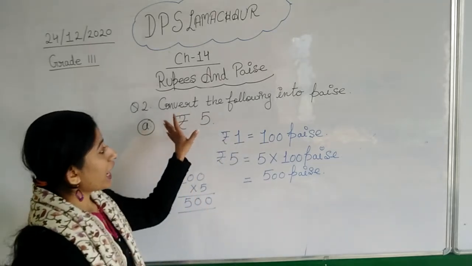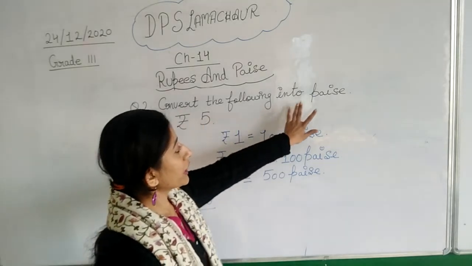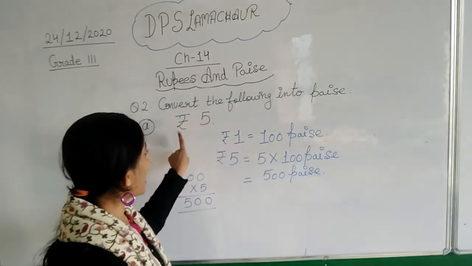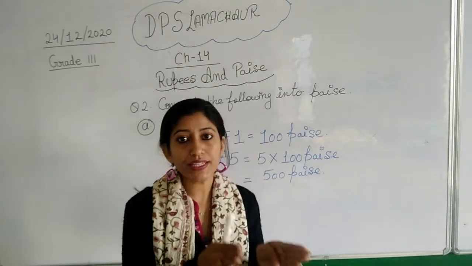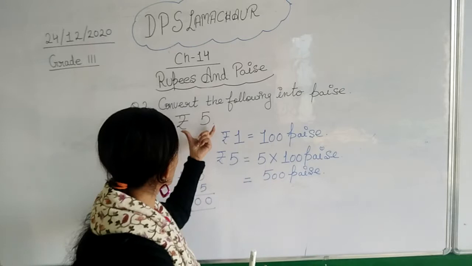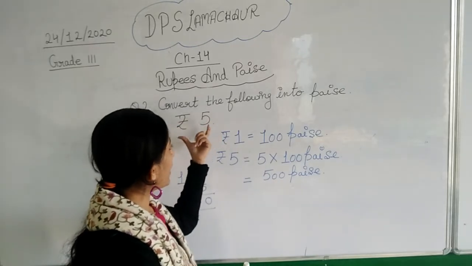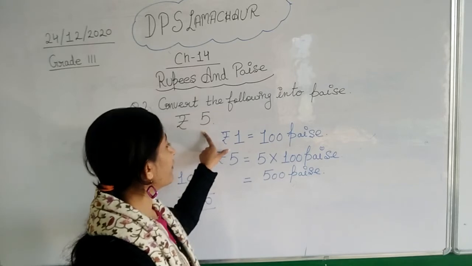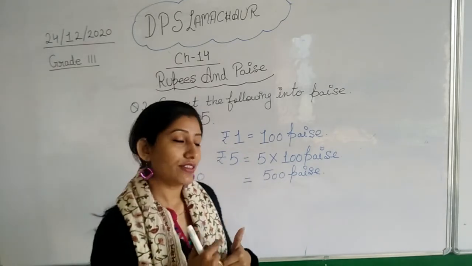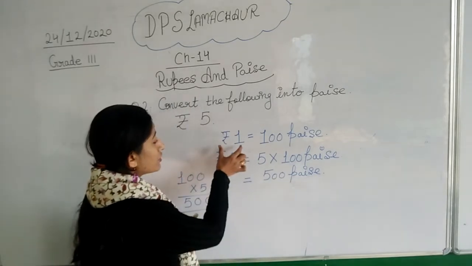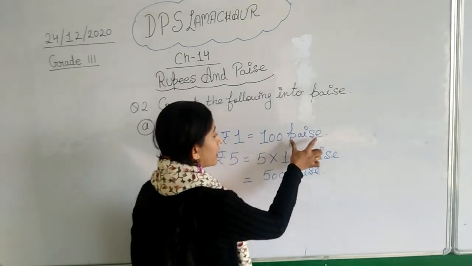What we have to do? We have to convert the following into paise. Following means we have to convert the given rupees into paise. What is given here? Rupees 5. We have to convert this rupees 5 into paise. So what is the relation? Rupee 1 is equal to 100 paise.